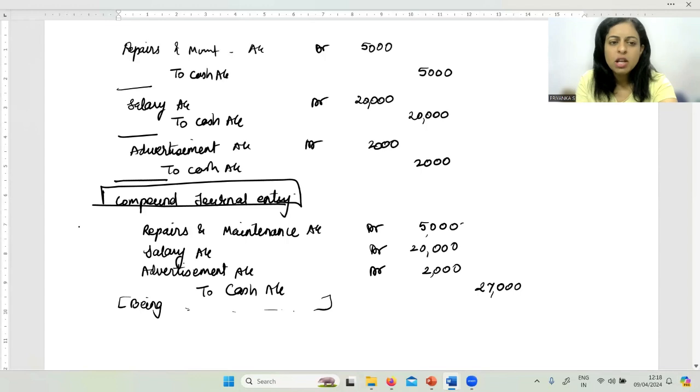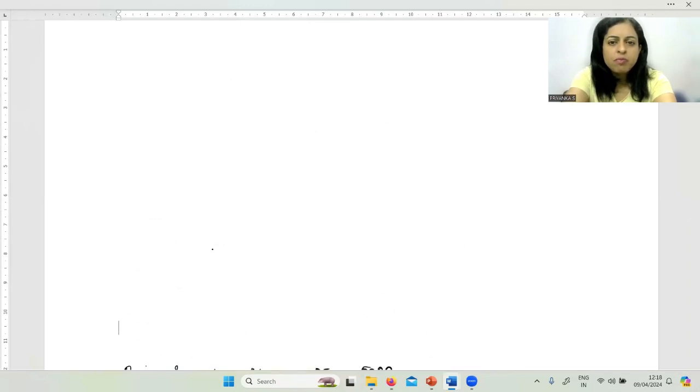You will have more than one debit in this entry. In the earlier transaction, if you remember, we had two or more debits, two or more credits. Fine. So here we have three debits and just one credit, and that is also fine if we have to write a compound journal entry.